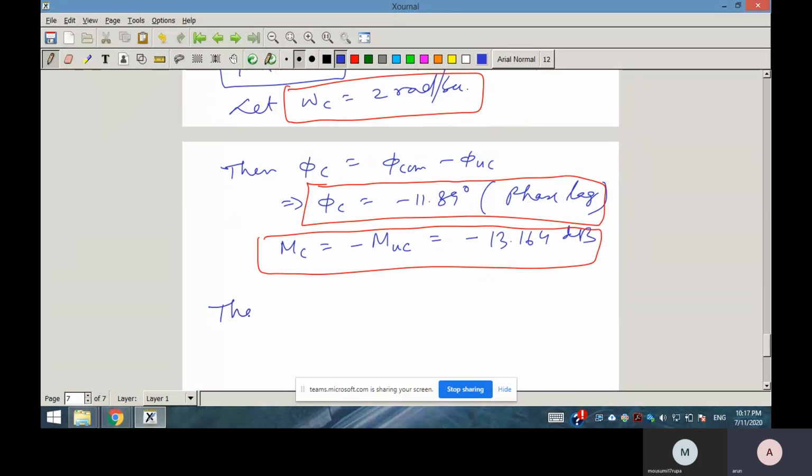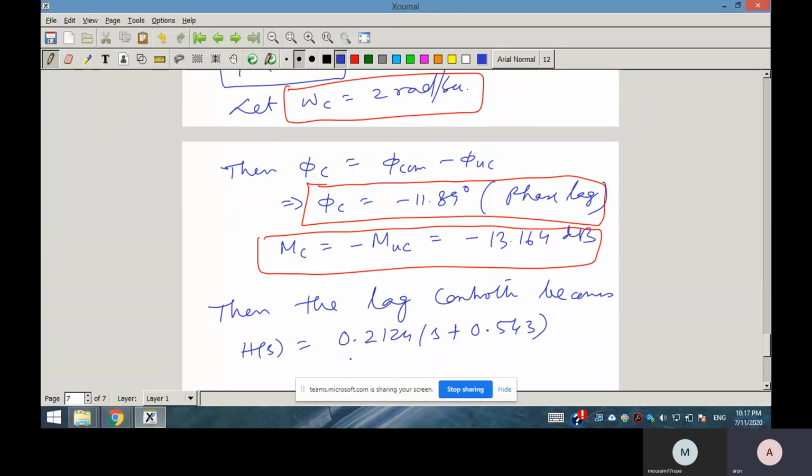Then the lag controller becomes H(s) equal to, you can easily verify, 2.124 into (s plus 0.543) divided by (s plus 0.1153).